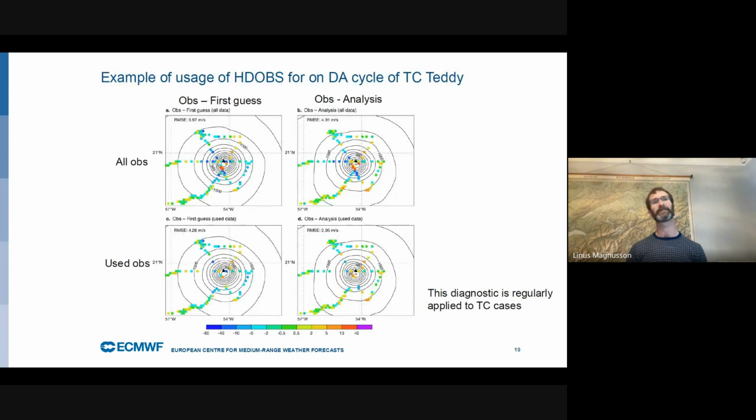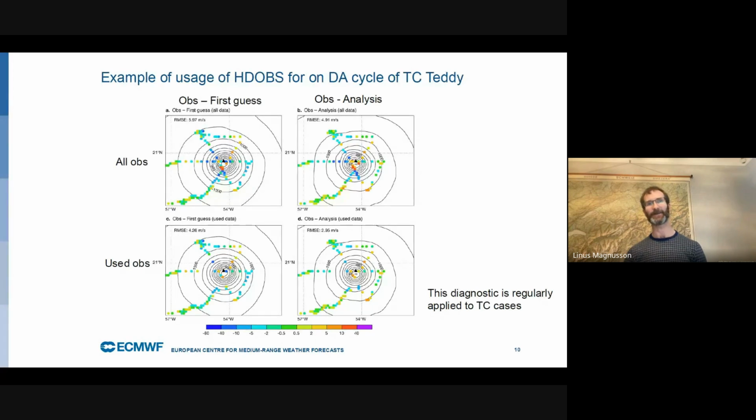Next. So here you see one example of the usage of the flight level data from HDOBs for the U component of the wind for one data assimilation cycle in Tropical Cyclone Teddy, where on the left panel you have observation minus the first guess, and to the right is observation minus analysis. You can see on the top row the statistics for all observations and on the bottom for the used observations.